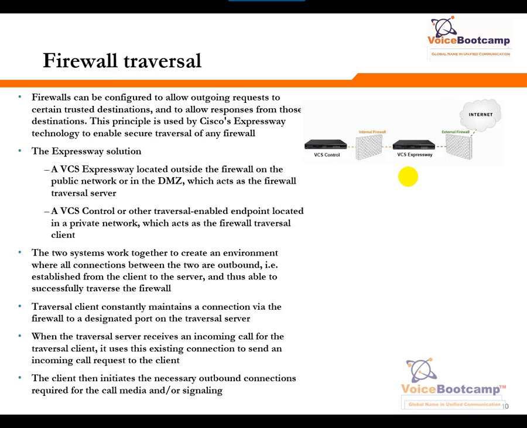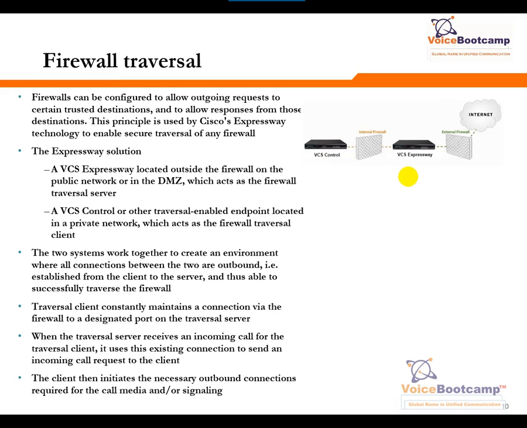Now, what is a firewall traversal? Well, a firewall can be configured to allow outgoing requests to certain trusted destinations. The internet is not really trusted, but it allows certain traffic to pretty much any destination. And from those destinations, you are also expecting a response to come back to you. Therefore, the firewall must allow that return traffic to come back through the same path.